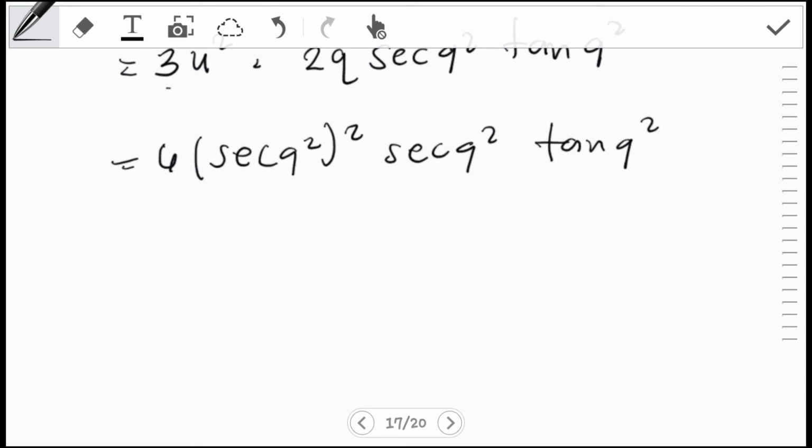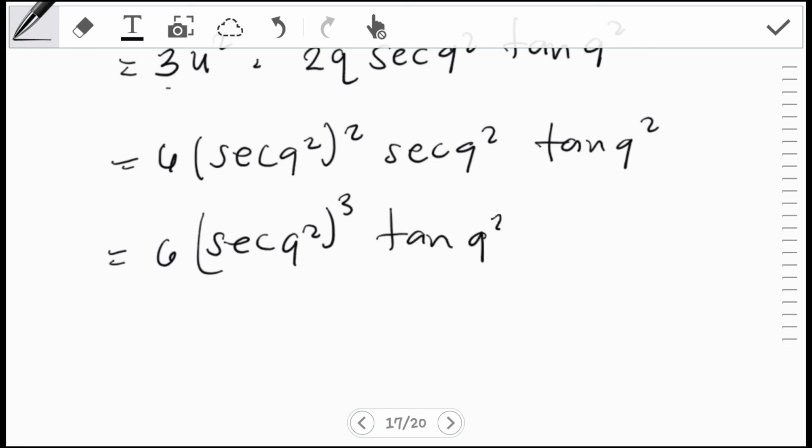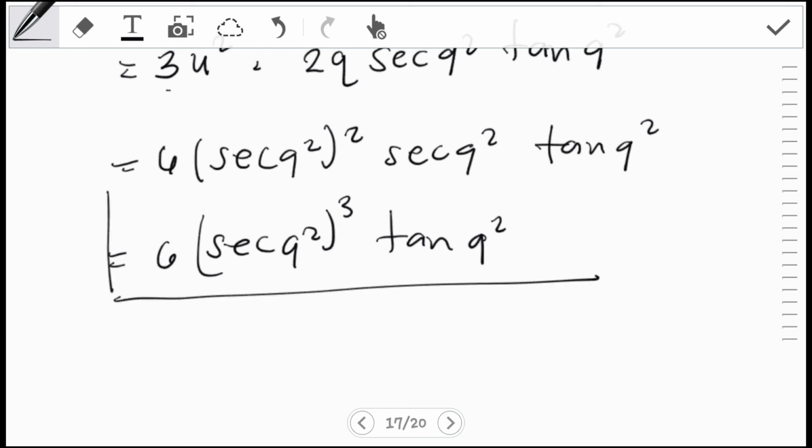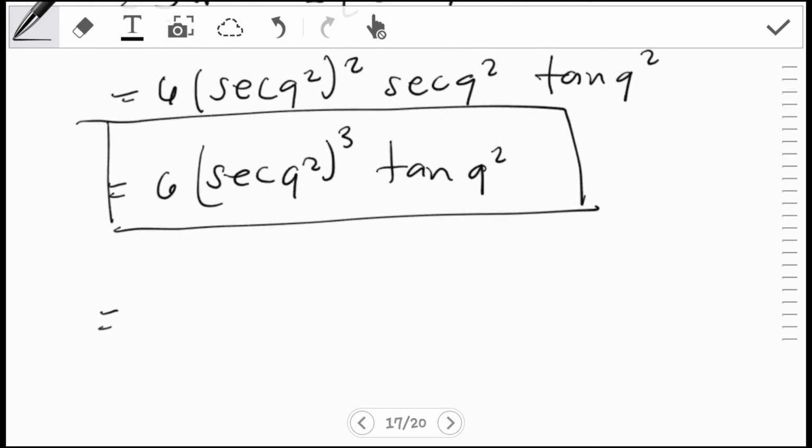Or 6 is equal to secant q squared, or the quantity of secant q squared to the power 3, then tan q squared. Okay, so that is the final answer. Or also, secant 3q squared and tan q squared.